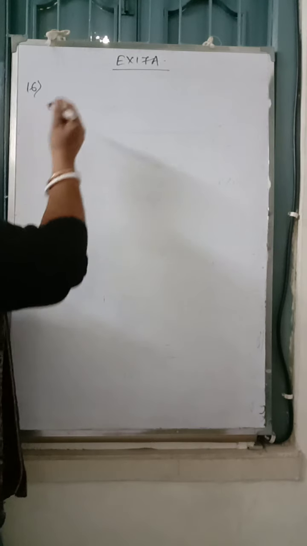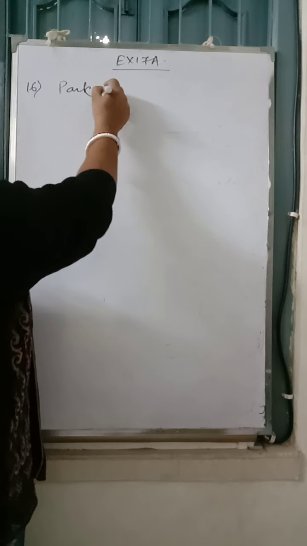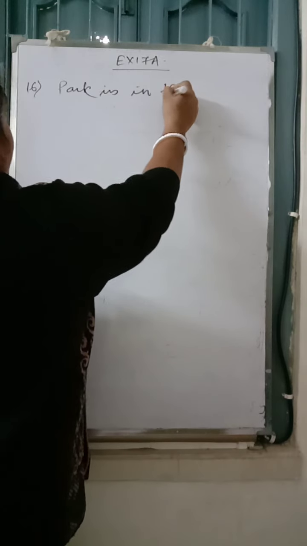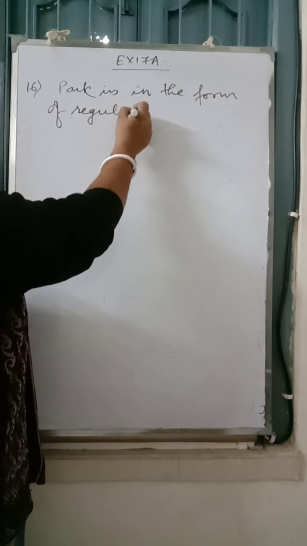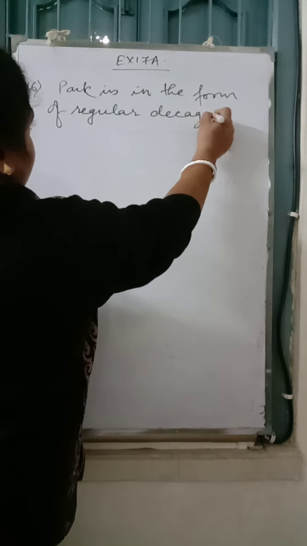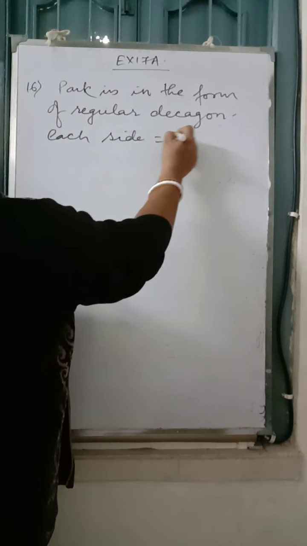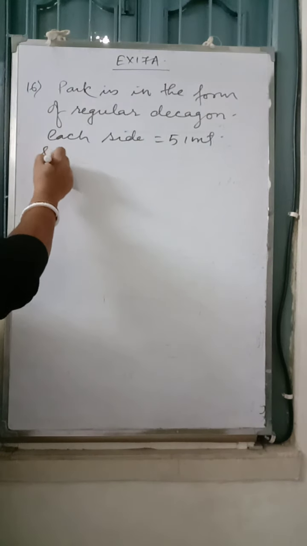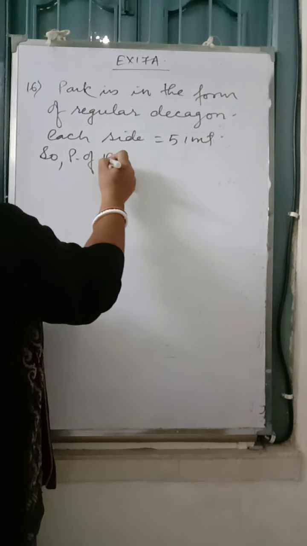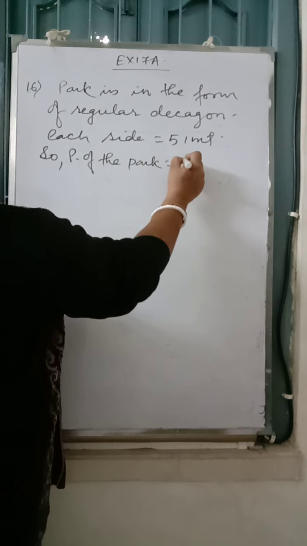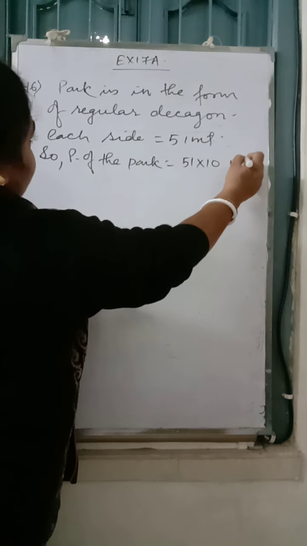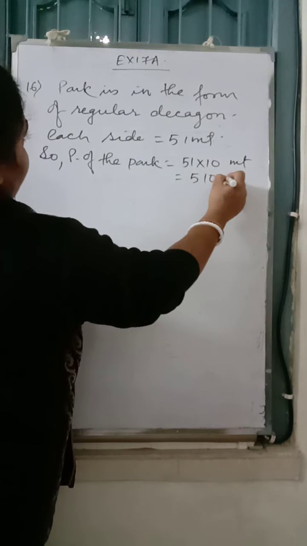Question number 16. Park is in the form of regular decagon. Each side is 51 meter. So the perimeter of the park would be 51 into 10 meter, 510 meter.